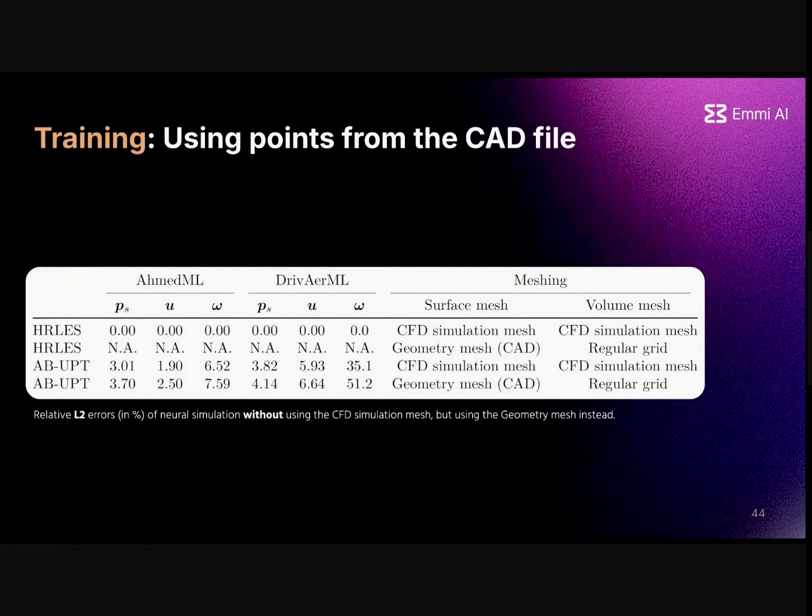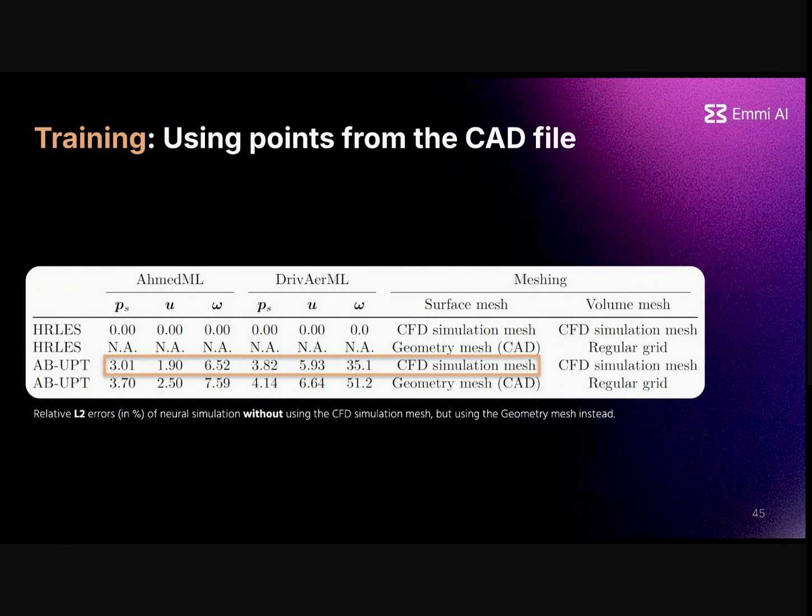Then another property that we would like to discuss is that because of this geometry branch, which decouples the geometry encoding from the surface branch and the volume branch, we are able to use different point clouds for geometry encoding and for the anchor encoding than the ones provided by the simulation mesh. So if we use a simulation mesh for the geometry branch, the anchors, and the query points, we get certain performances.